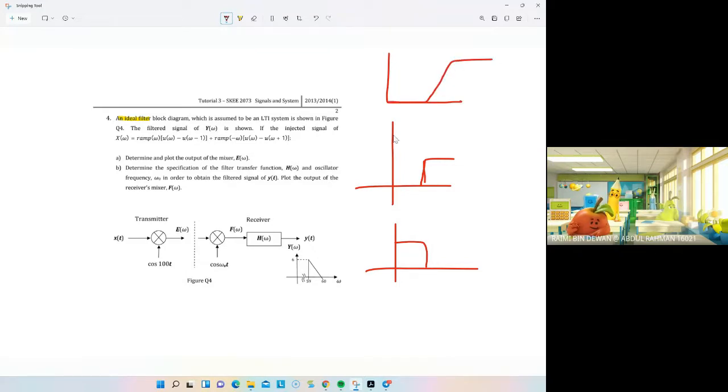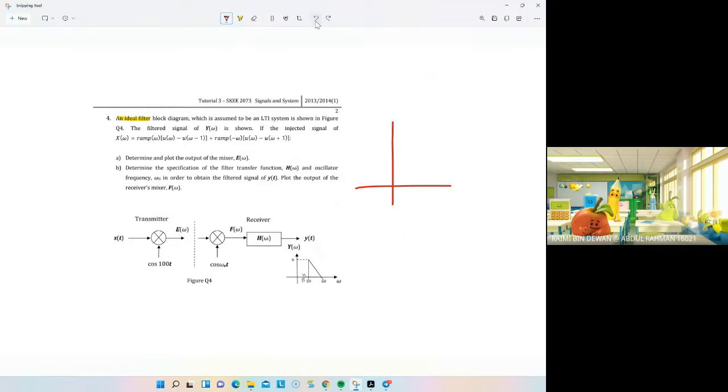So remember, the question can be creative. If they say practical filter, or the real filter, it means it's like this. But this is the idea.